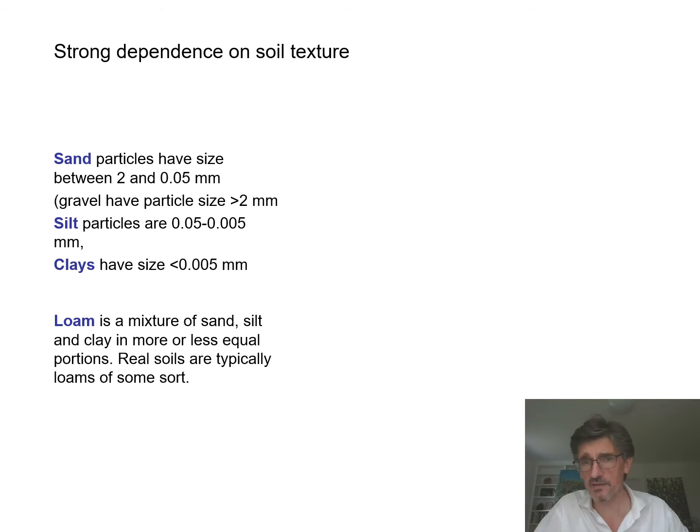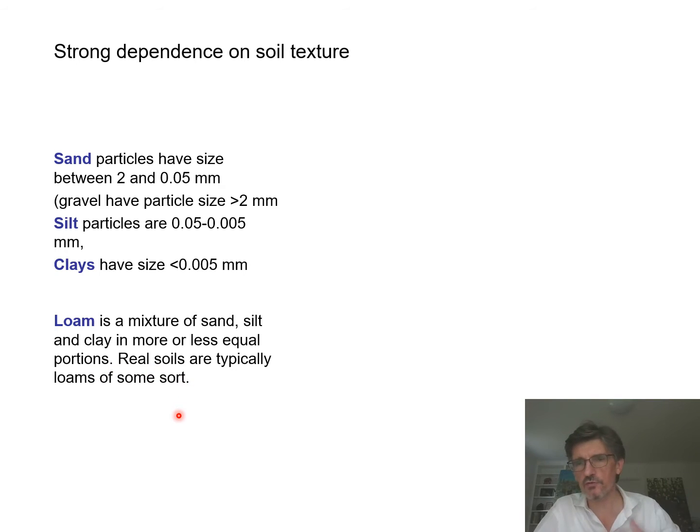We speak of sand when particles have size between 2 and 0.05 millimeters. Gravel has even bigger particles. Silt has particles that are between 0.05 and 0.002 millimeters, and clays are even of smaller size. When we speak of loam, we have a mixture of sand, silt, and clay, more or less in equal proportion.